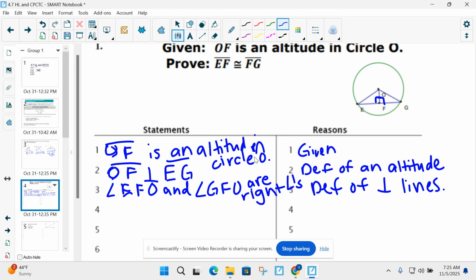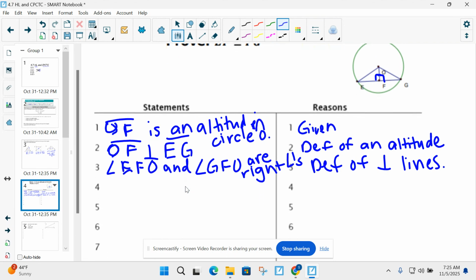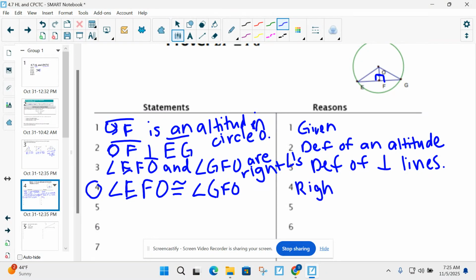Okay, and then the next thing we're going to do is sort of an optional step. Sometimes you see it in proofs, but sometimes you skip it. Really all we need to know is that they are right angles. But sometimes you go a little bit further and say that angle EFO is also congruent with angle GFO, because since they're both right angles, by the right angle congruence theorem, they're congruent.